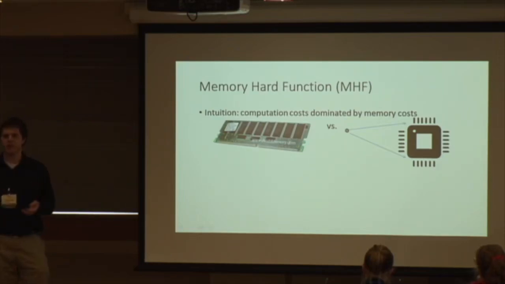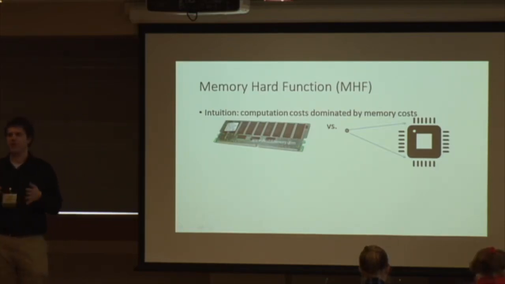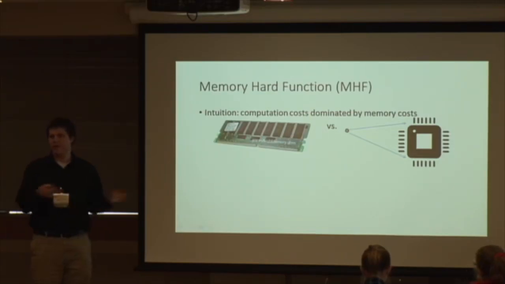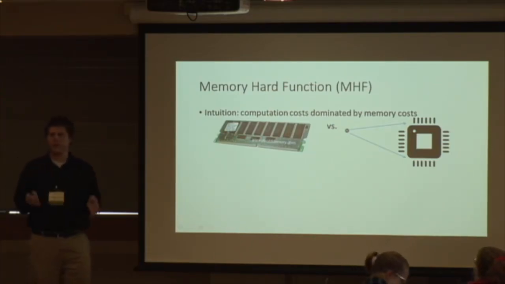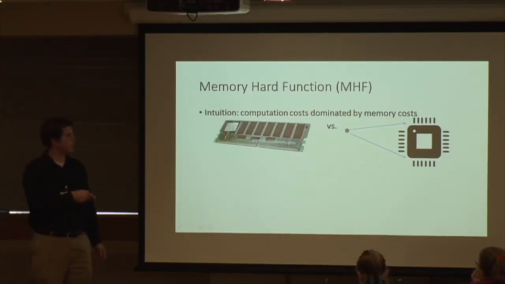So if you think back to password-based key derivation function where we were just computing SHA-256 100,000 times, effectively we're locking up a tiny core on a circuit for a fraction of a second to do that computation.